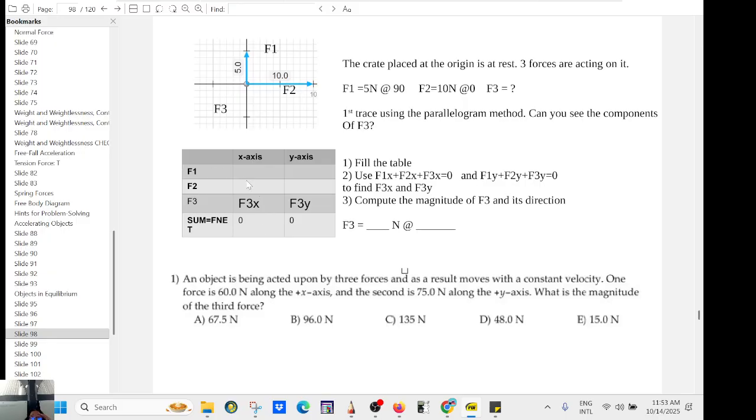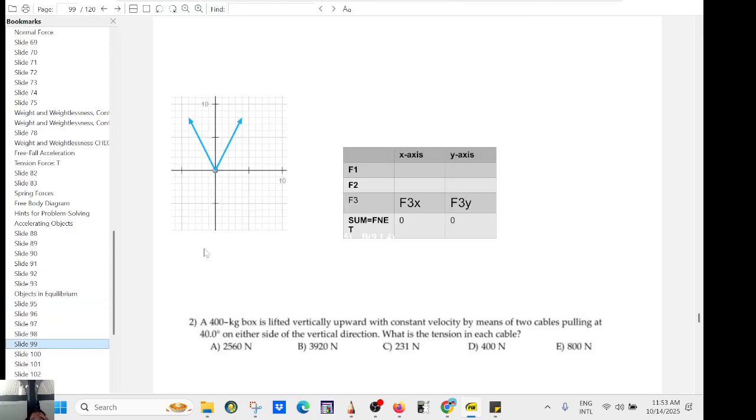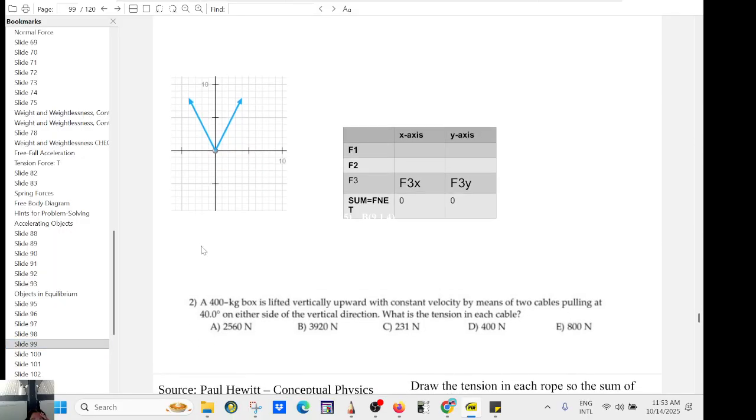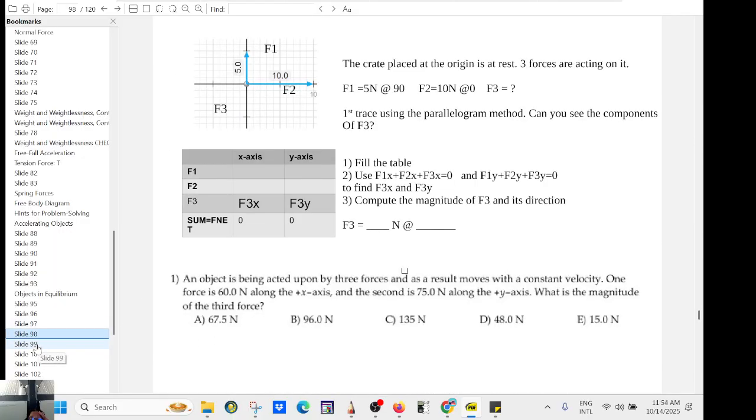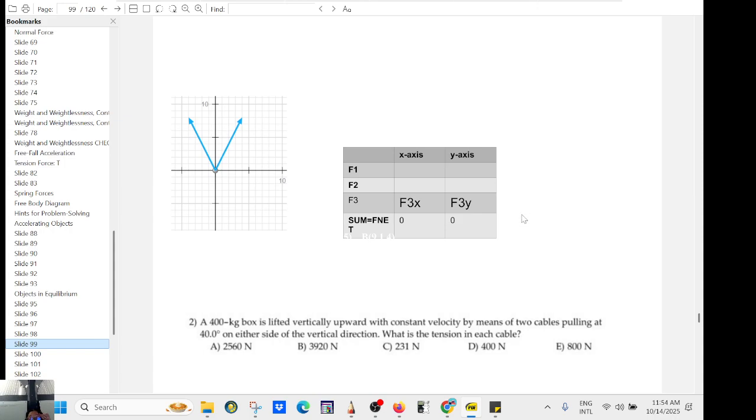X component, y component, when you add them up equals 0. Oh, you're saying that they ask for the magnitude. The magnitude is 96. That's what you were saying. Okay. I spaced out. So for magnitude, we don't care about the direction. You're right. Okay, let's try to do this one.